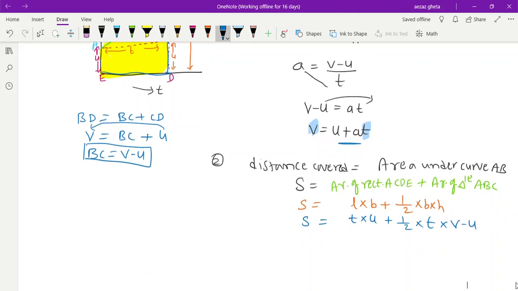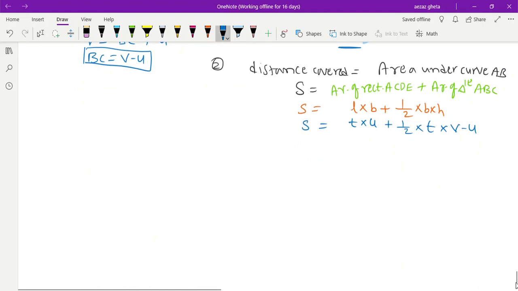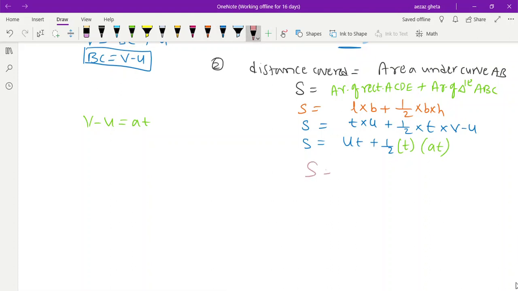So s is equal to ut plus half into t, and in the place of v minus u, we know from the above equation that v minus u is nothing but at. So s is equal to ut plus 1 by 2 at into t, at square.